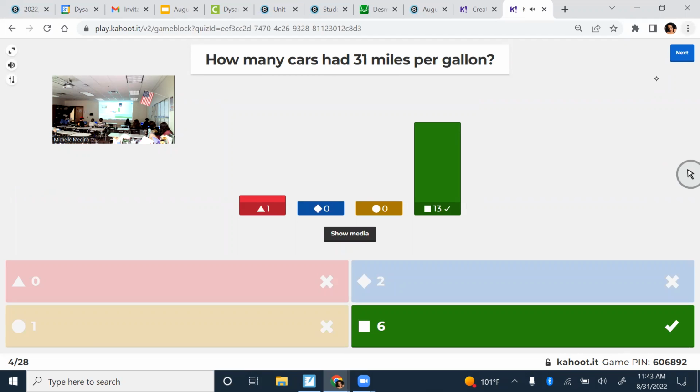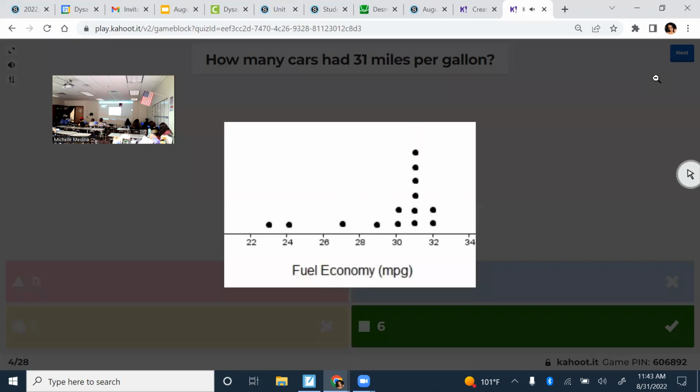All right, good job. Not sure what happened with the red one, but look for the 31 on your number line. It's between 30 and 32, and then you just count. 1, 2, 3, 4, 5, 6.